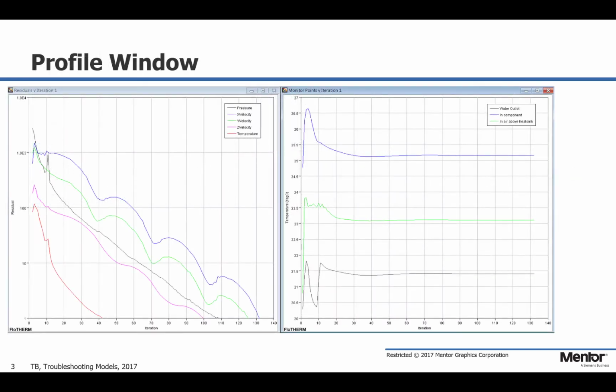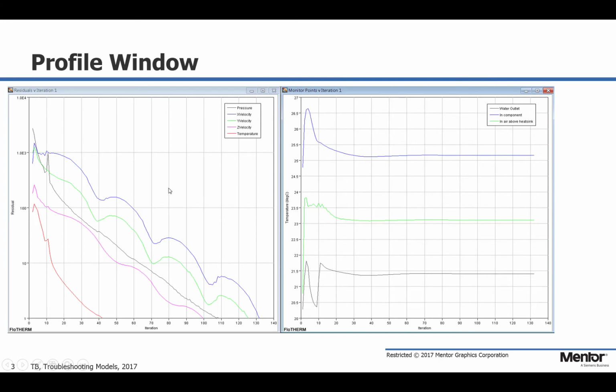So let's talk about what convergence is and the different types of convergence plots you may encounter. When you start a Flotherm solve, this profile window will appear. In this window, on the left we have the residual versus iteration plot, and on the right we have the monitor points versus iteration plot, and that's only going to appear if you have monitor points set in your model.